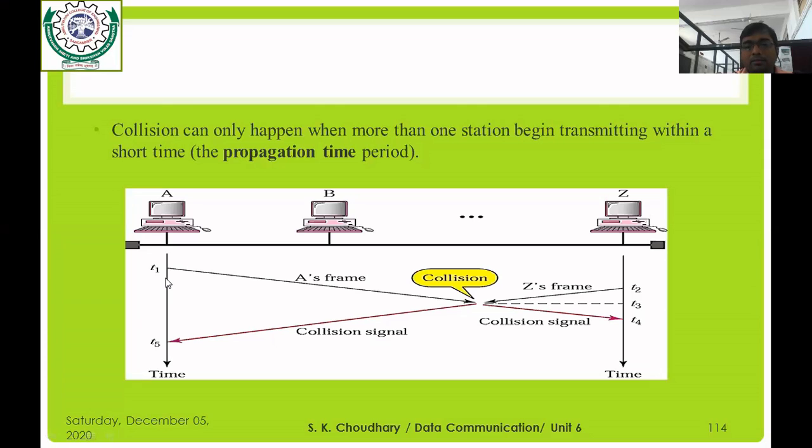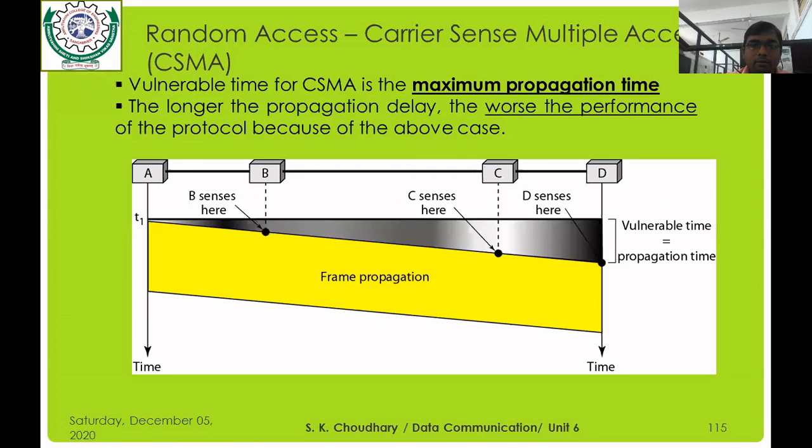But both stations, somewhere in between, collide with each other. When the collision occurs, the notification of collision reaches Z at time T4 and A at time T5. And at time T3, the collision has occurred. So this is also a chance of collision in this technique. The same has been shown with the help of this graph.